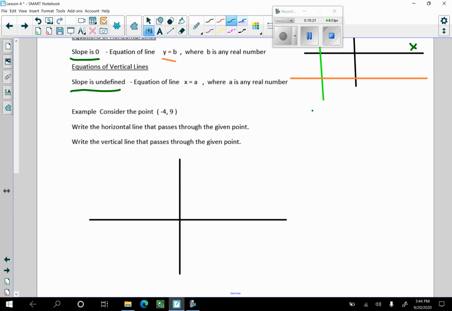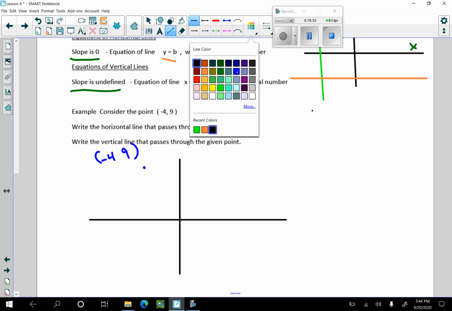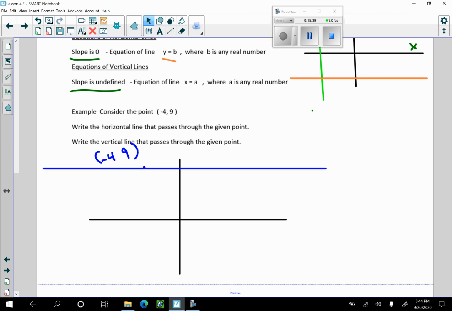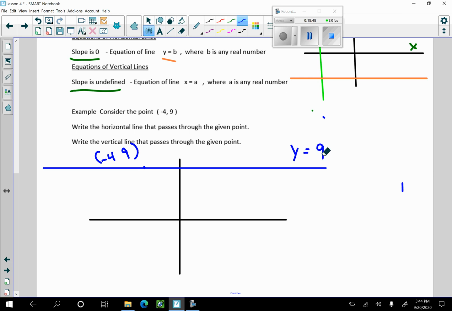And I want to sketch the point (negative 4, 9), about right there. And I want the horizontal line that passes through that. Well, what's a horizontal line going to look like? We're going to do blue. The horizontal line that passes through that point is going to be, that's horizontal. And what's the equation of that line? y is equal to 9.